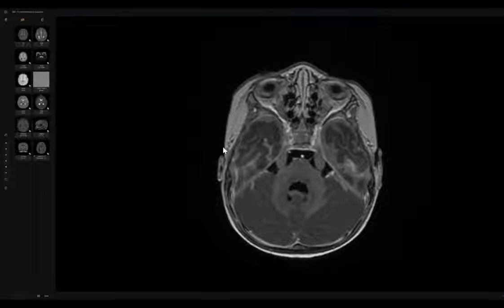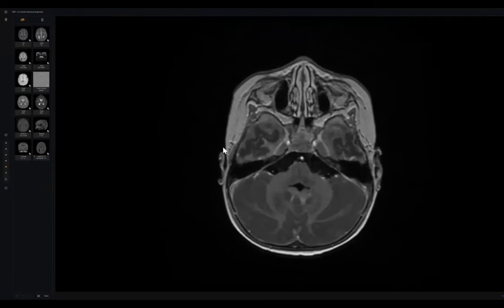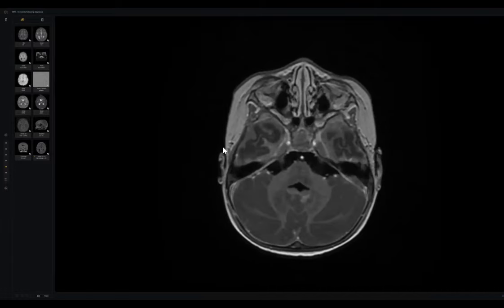The patient has no history of fever, so I'm thinking in terms of leptomeningeal metastasis. However, I'm not able to see any intracranial neoplasm. Have a look at the brain stem and the surrounding structures, please.